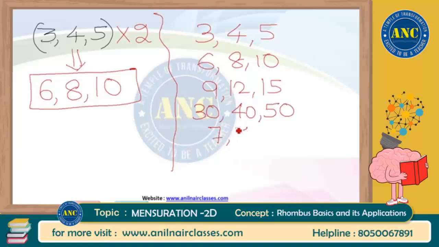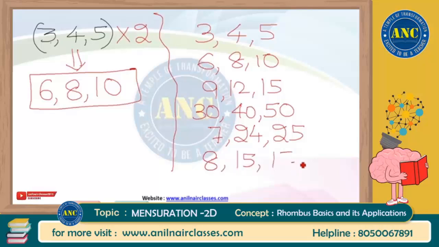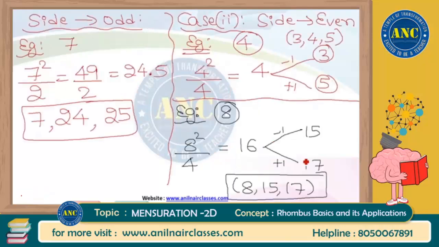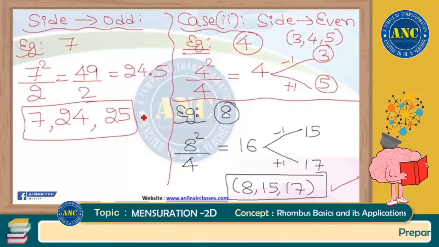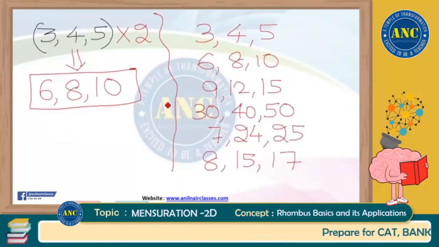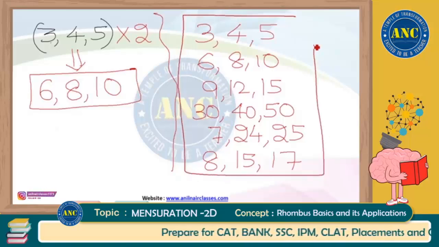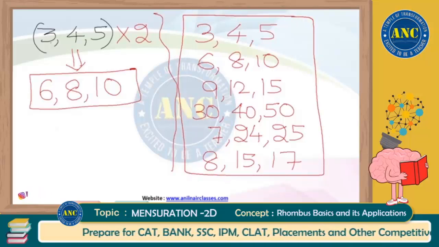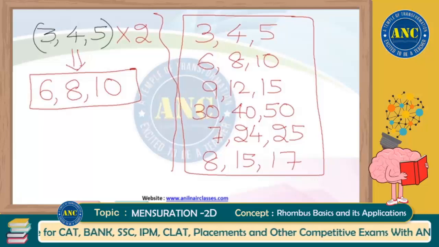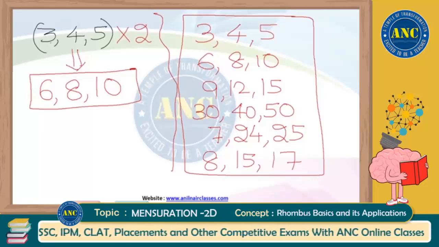7, 24, 25, I proved it, right? 7, 24, 25 is a Pythagorean triplet. Another is 8, 15, 17, just now I proved this also, sir. Like that you can derive as many Pythagorean triplets as you want. There are no restrictions on how many Pythagorean triplets you need to know.